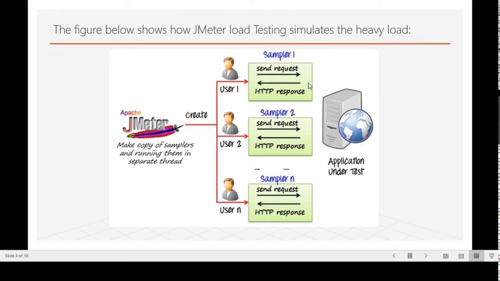It sends a request to a server, and the server receives the request and gives a response to the user. After a particular time period, user 2 sends a request to the server, and the server responds to him, and so on up to n users.